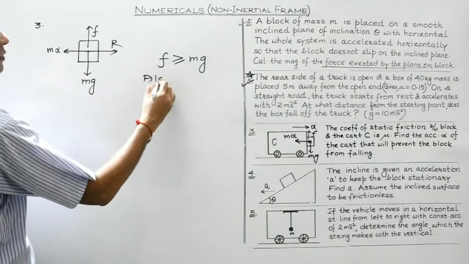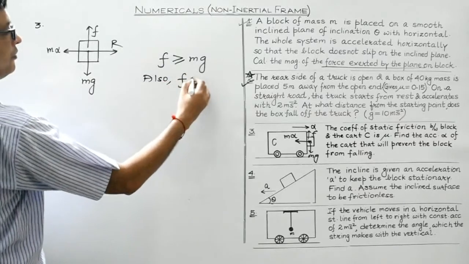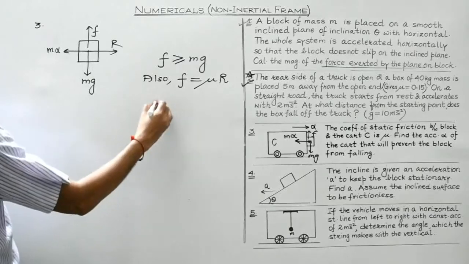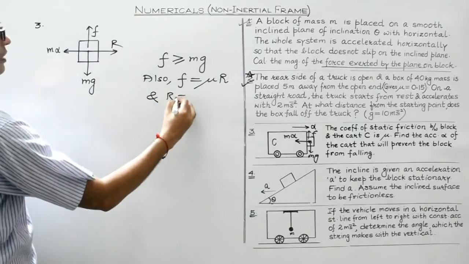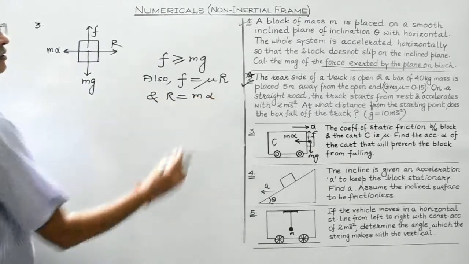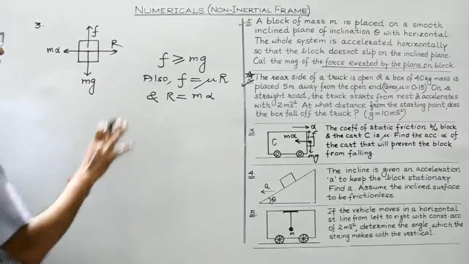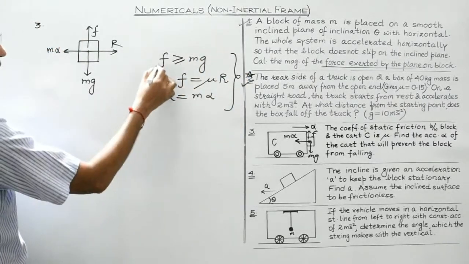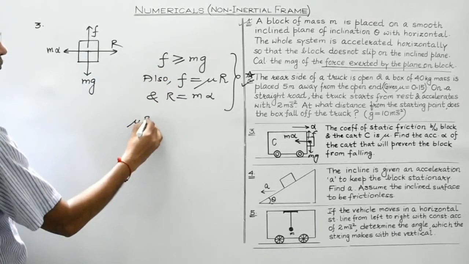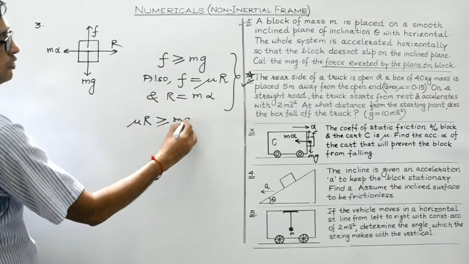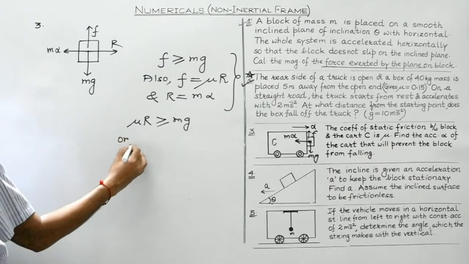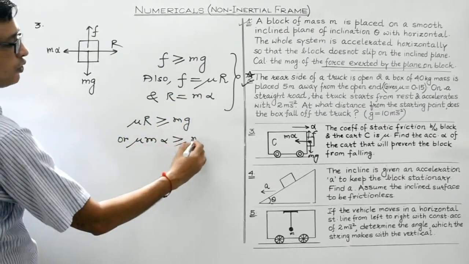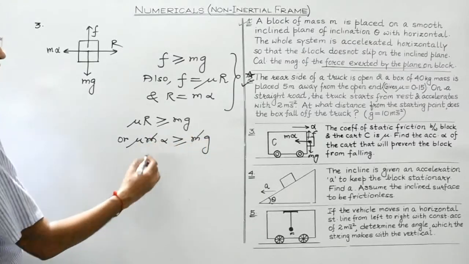Also, F is equal to mu R, we are aware of it, and R is equal to m alpha, right? So make use of these three equations. What we get is, in place of F we can write mu R is greater than or equal to mg, or mu m alpha is greater than or equal to mg. m gets cancelled.